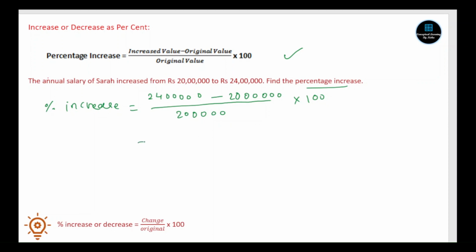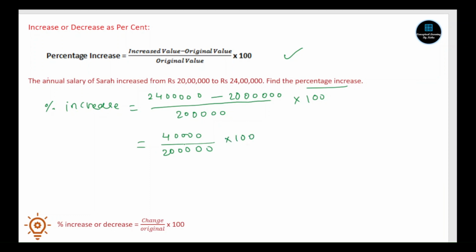Now on simplifying this, what do I get? 4 lakhs. I'm sorry, I have to write 4, right? Upon 20 into 100.